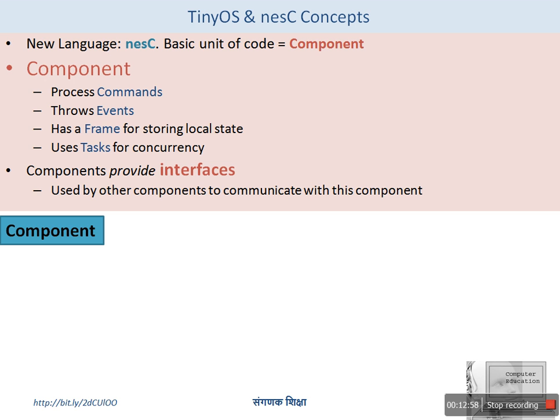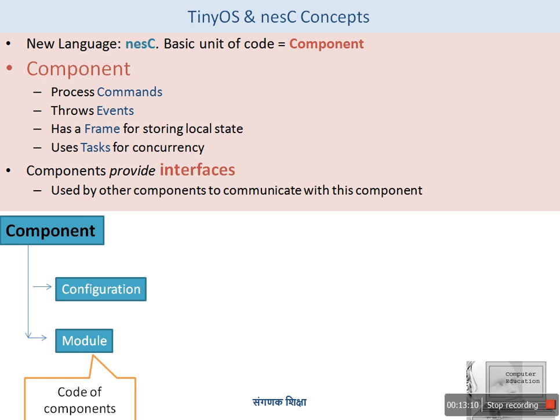Now a component generally contains two things: one is the module and the other is the configuration. The module is defined as the code for the component, meaning the actual code or actual task for this component, and the configuration file generally defines the wiring between these components.